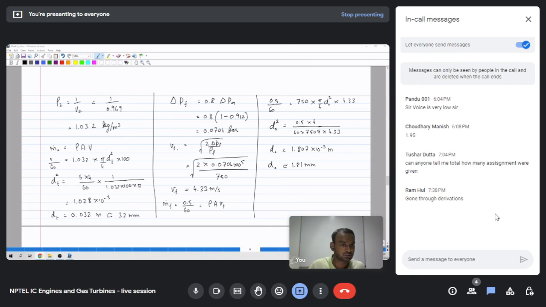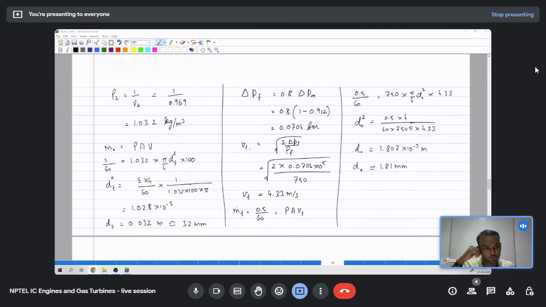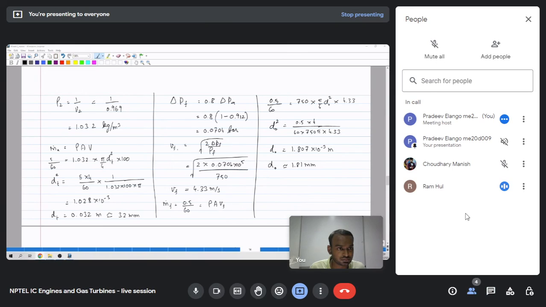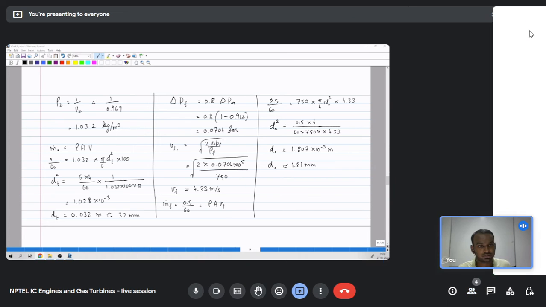Which year? I think second year. Okay. Then that means you haven't seen these classes or contents in your university so far, but this is the first time you are seeing it in NPTEL, right? Yeah, these detailed derivations I have not gone through. Okay, first time. Good to know.